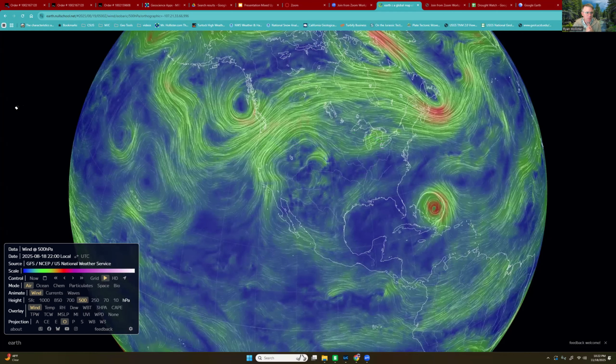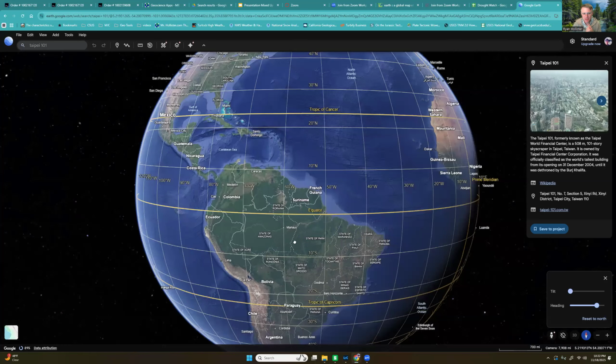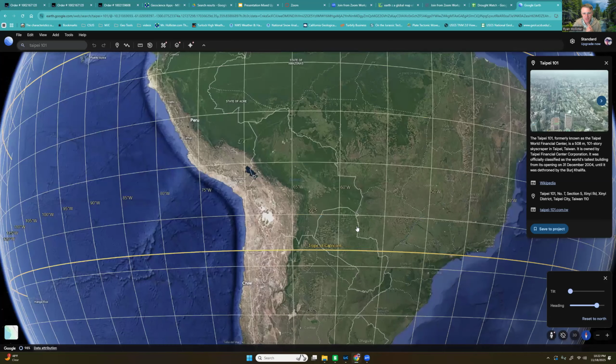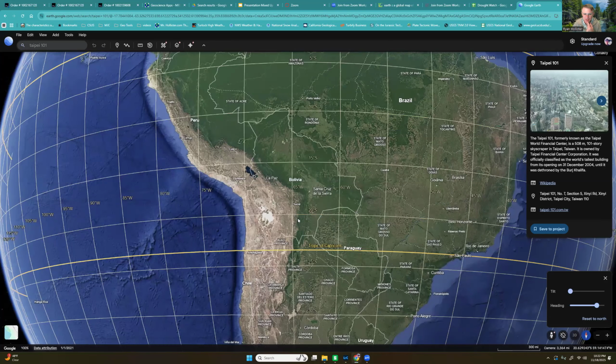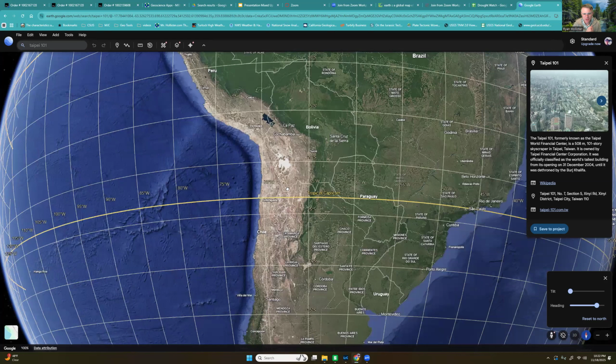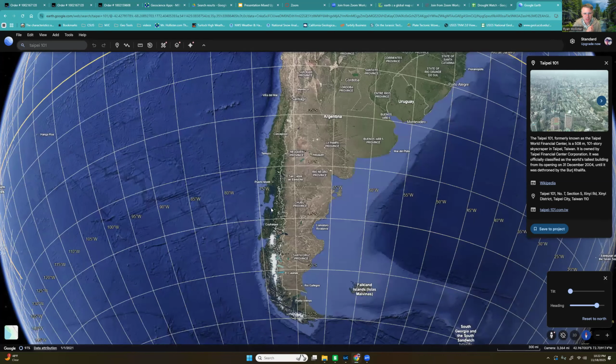That'll help us explain, if we go down here, wow, why is there rainforest on the east side of South America and then dry desert on the other side of the Andes Mountains right here? But if I go down a little bit further, the pattern is flipped, where it's green on the Chile side and deserty on the eastern Argentinian side. So we're going to try to figure that out next week.